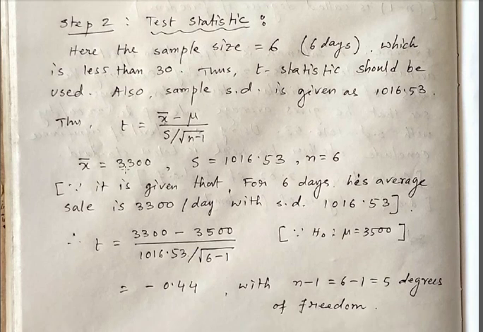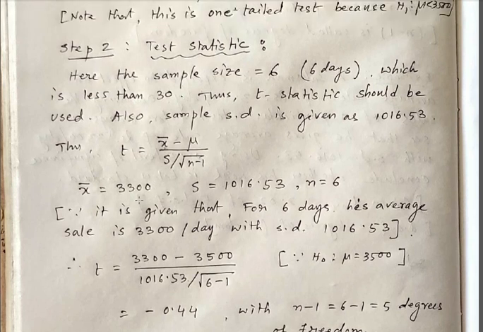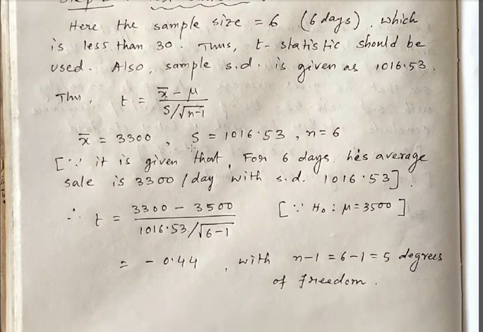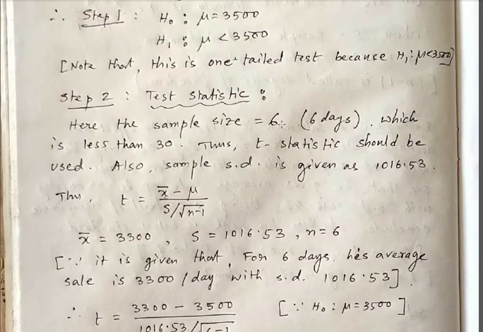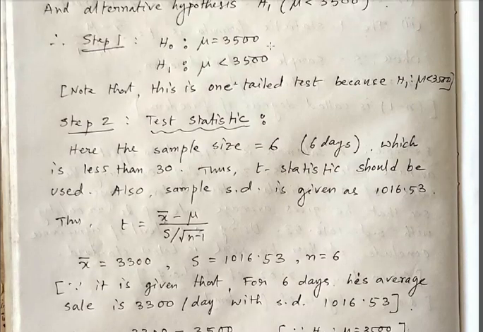After putting the values, x bar is the sample mean, which is 3300, already given in the problem, and n is 6, that is the number of days, the sample size. s is the sample standard deviation, which is 1016.53. And mu is already set in the hypothesis, mu equal to 3500.